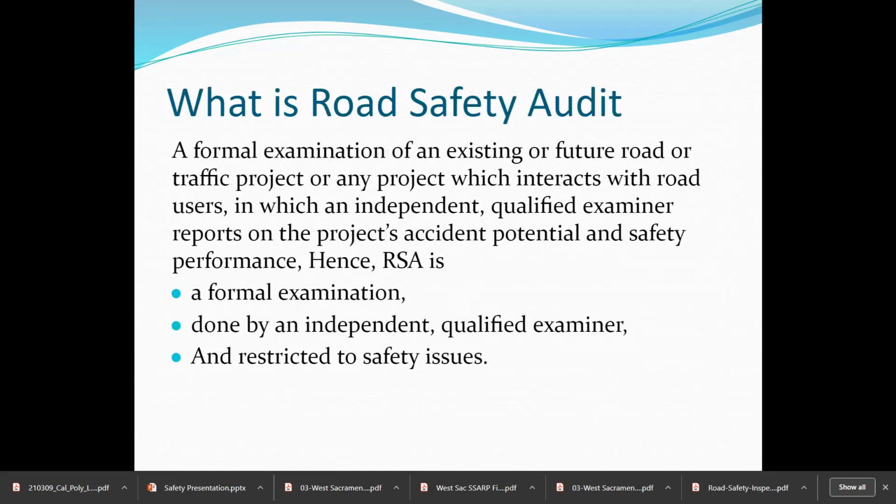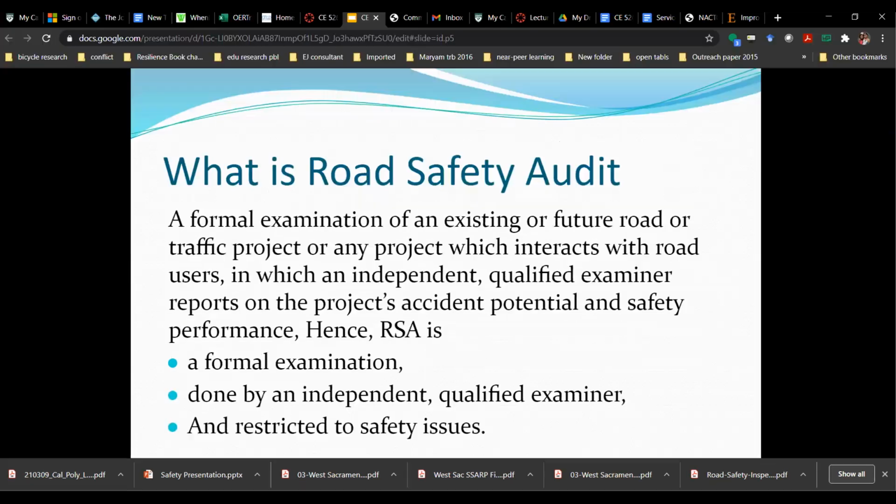So a road safety audit is a formal examination of an existing or future road or traffic project, or any project that interacts with road users. And it's independent. Generally the road safety audit process should be implemented by the agency, but it should be conducted by a team of independent experts. Okay, and right away I see it should be crash potential.